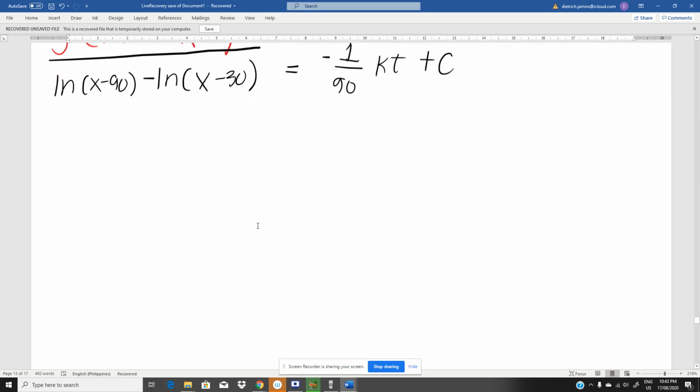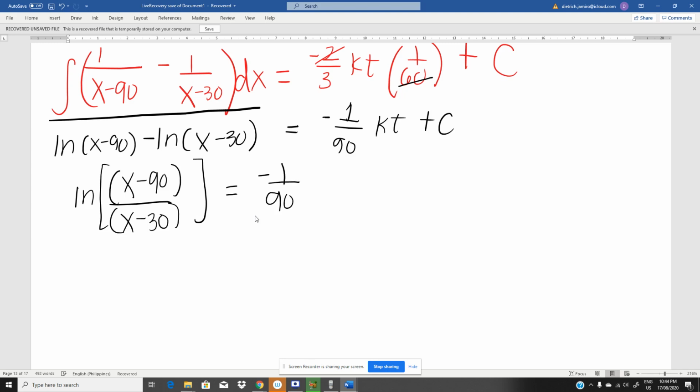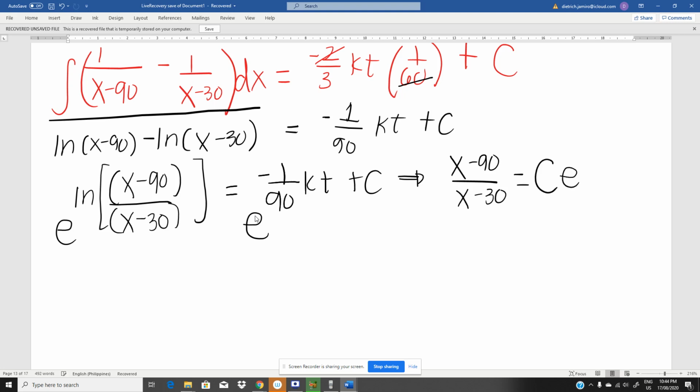Then using the rules of natural logarithm, we will have ln of x minus 90 all over x minus 30 is equal to negative 1 over 90 kt plus c. Taking the exponential of both sides, we will have x minus 90 all over x minus 30 is equal to c times exponential of negative 1 over 90 kt.